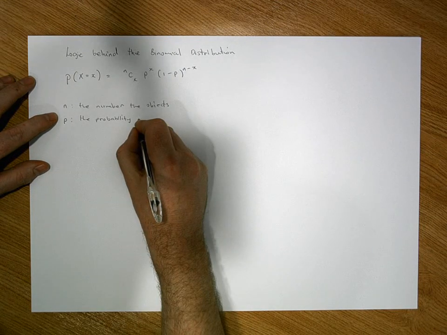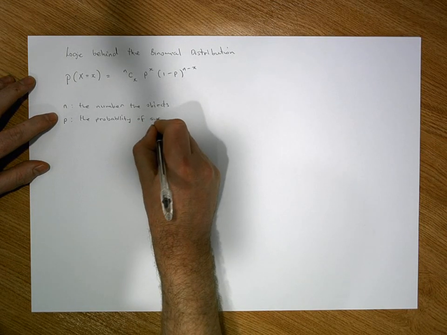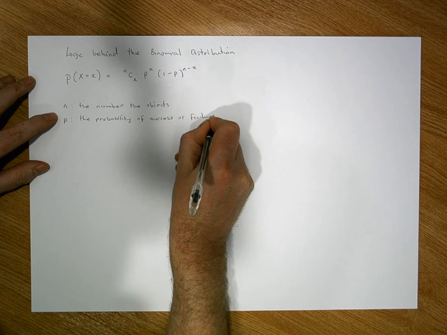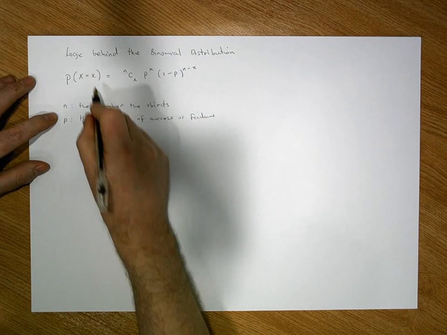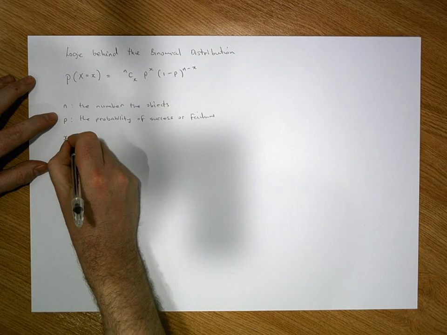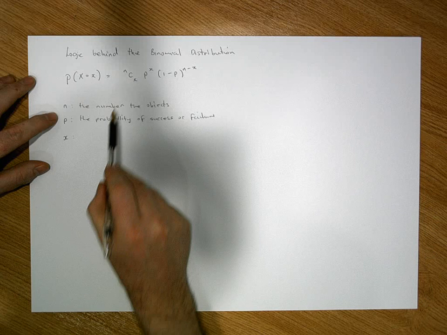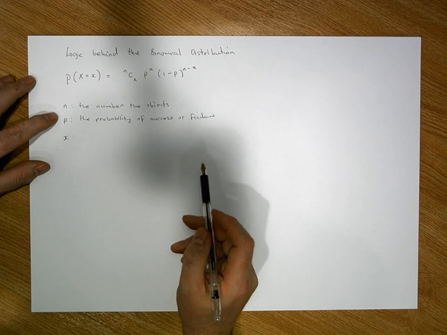Don't forget, this probability of success or failure is with respect to one of the particular n objects.